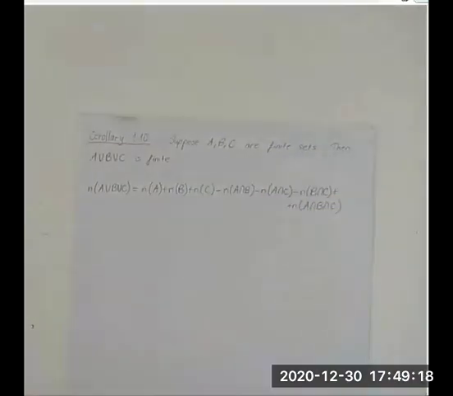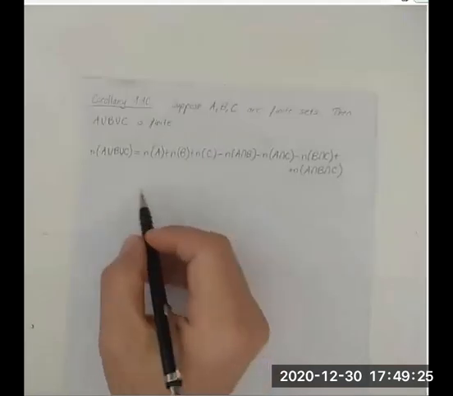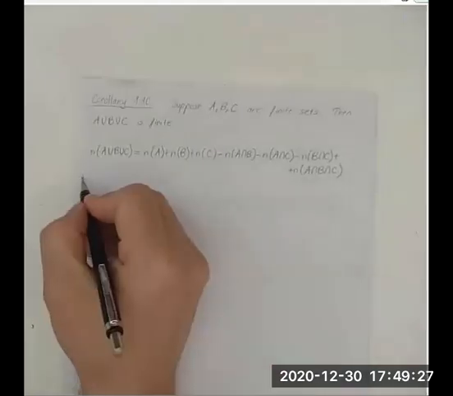So is that clear? Let's make an example with three sets in a Venn diagram.